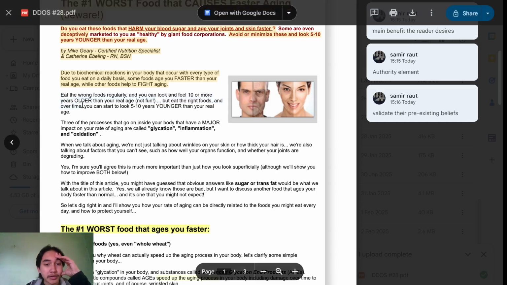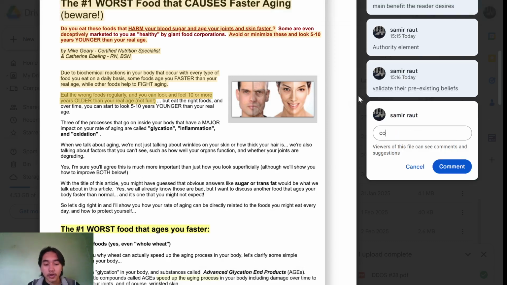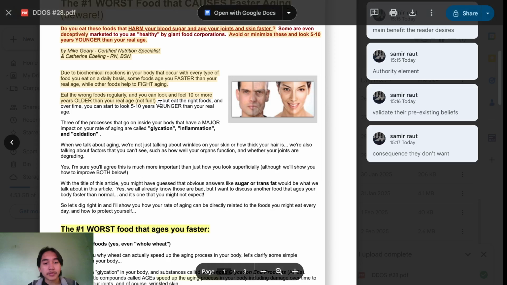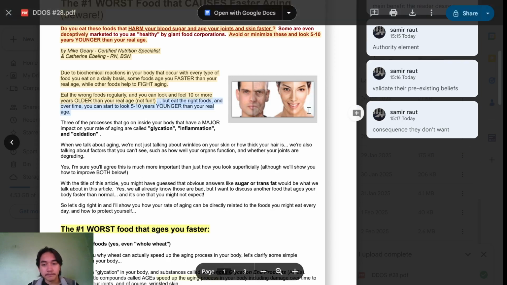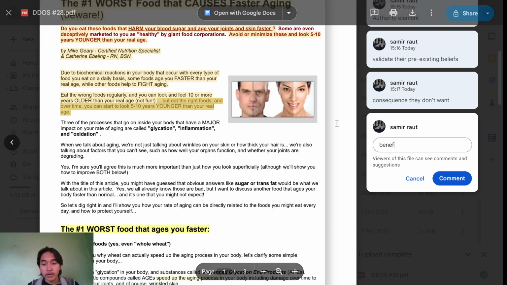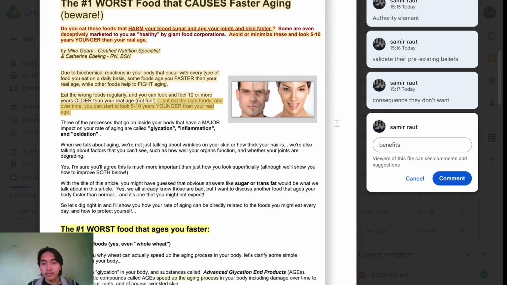Eat the wrong foods regularly and you can look and feel 10 or more years older than your age. Not fun. Consequence, they don't want. But eat the right foods and start to look younger than your real age. Benefit, they want. They do want.